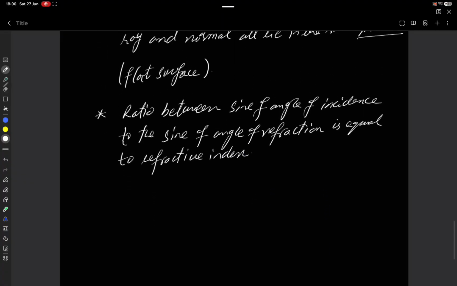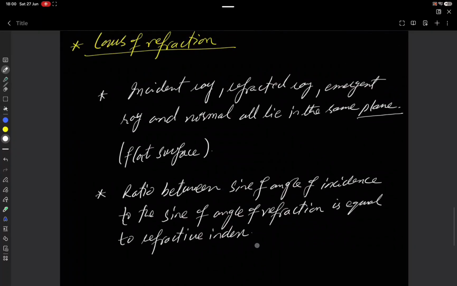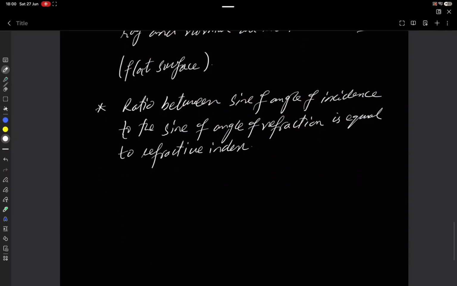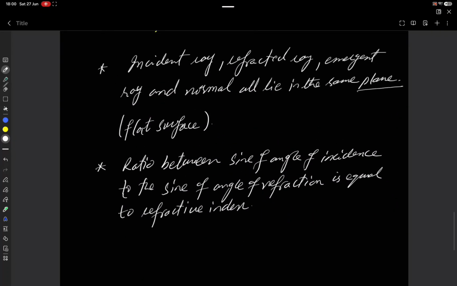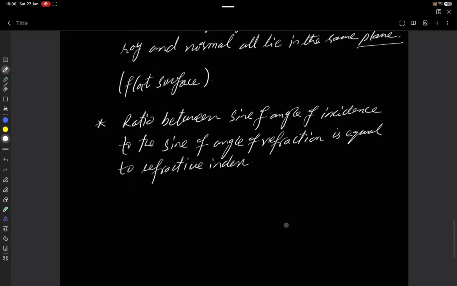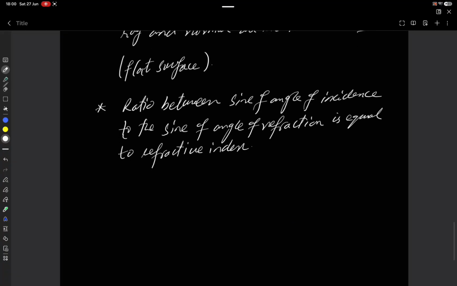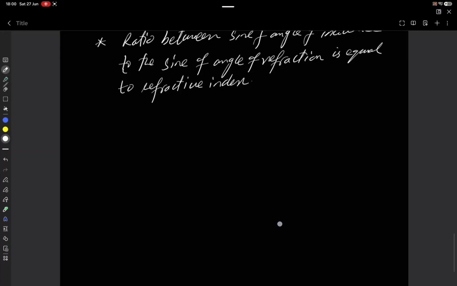So these are the two laws of refraction: incident ray, refracted ray, emergent ray, and normal all lie in the same plane, and the ratio of the sine of the angle of incidence to the sine of the angle of refraction is equal to the refractive index.